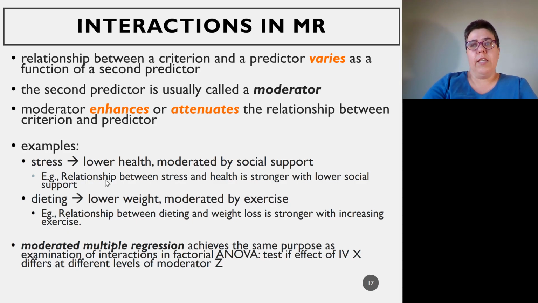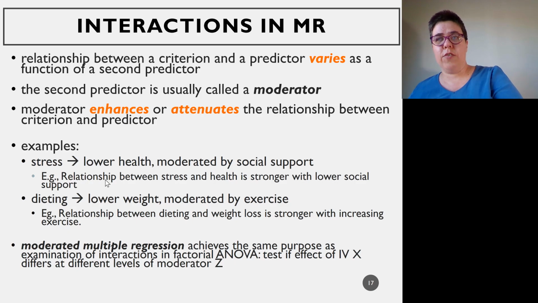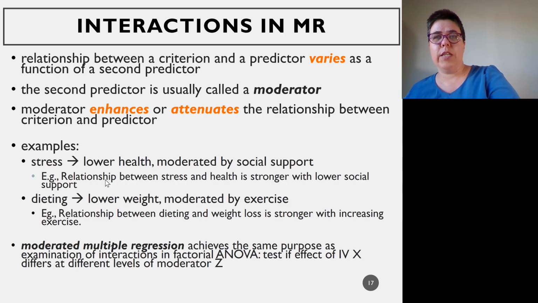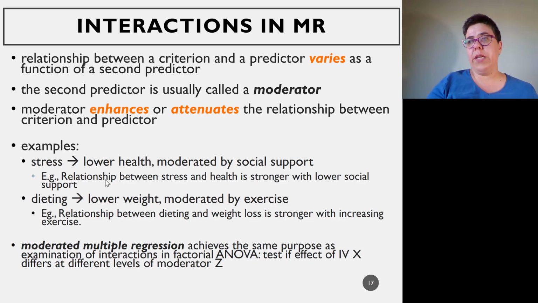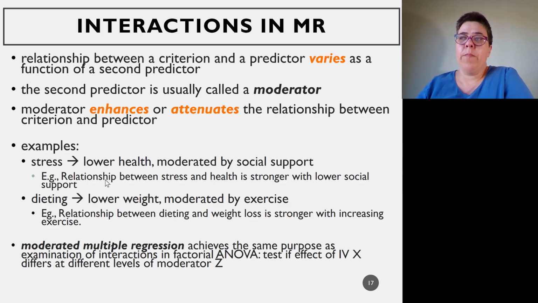Similarly, if we imagine that dieting is going to lead to lower weight, but that's going to be moderated by exercise, we can say the relationship between dieting and weight loss is stronger when there's increasing exercise, and that would again be reflecting a moderator that's enhancing the association of the IV with the DV.